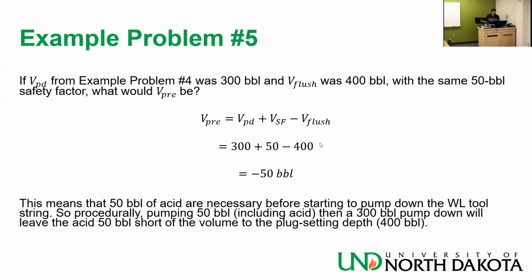Any questions on perforating? Sorry, spotting acid. One common mistake is that people think, and now you know about casing and tubes and packers, most of the time spotting acid is not done through tubing, it's done through casing.